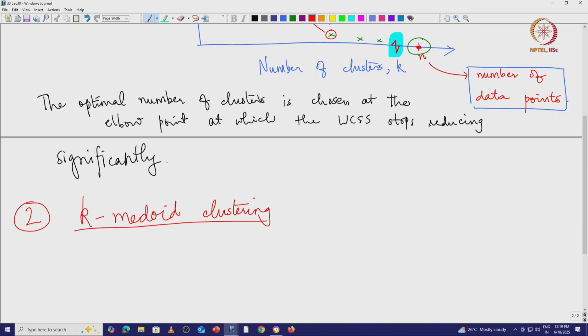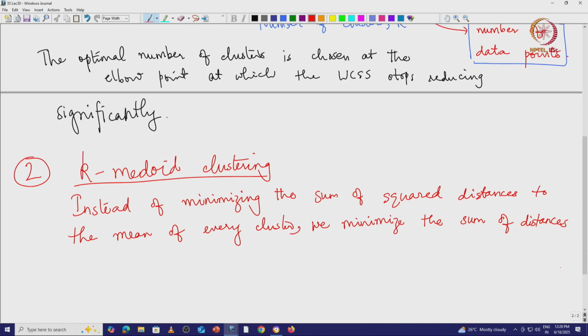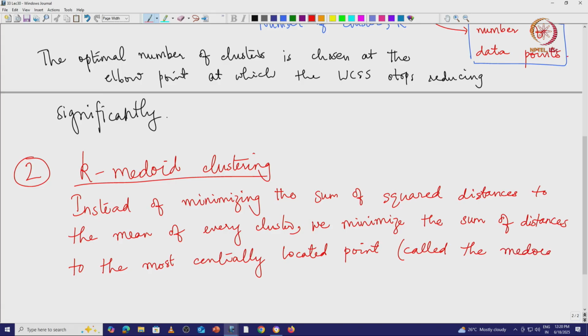And in this clustering algorithm, instead of minimizing the sum of squared distances to the mean of every cluster, we minimize the sum of distances to the most centrally located point called the medoid in each cluster.